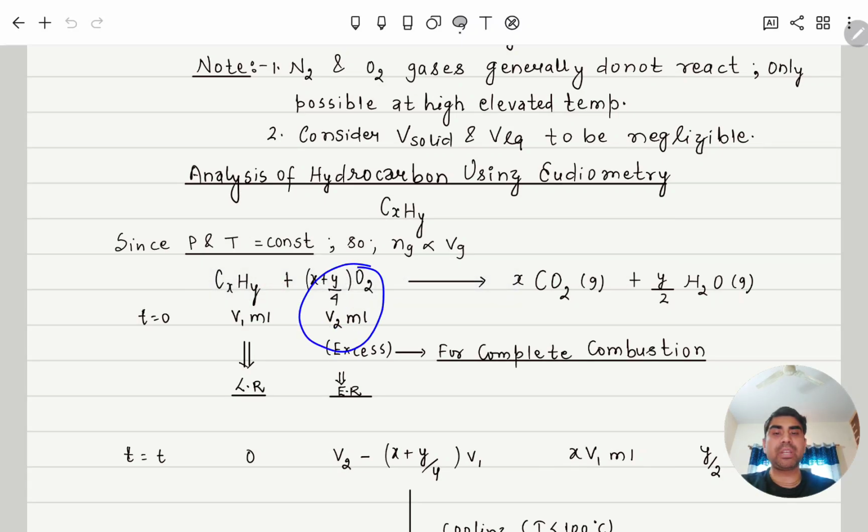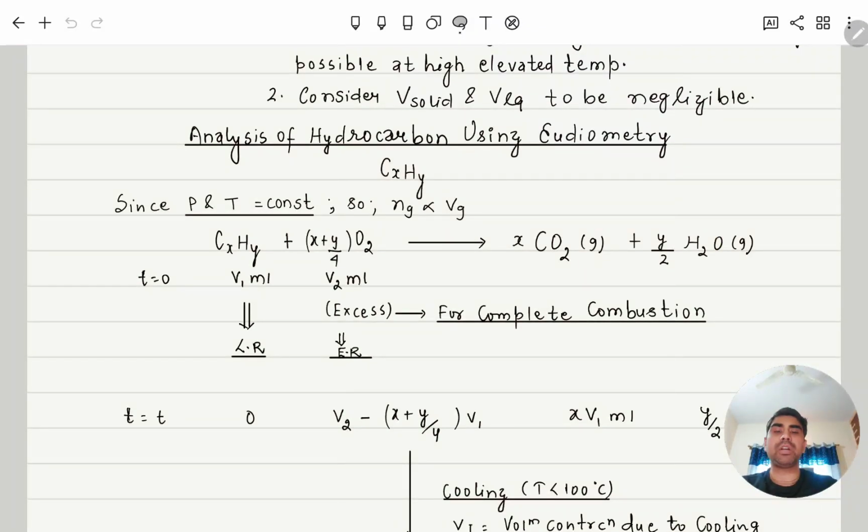We keep oxygen in excess, so that all the hydrocarbon must combust 100%. After combustion it will form x CO2 and y by 2 H2O gas. Clear? Since the hydrocarbon is the limiting reagent, it will be completely consumed, so it is 0.